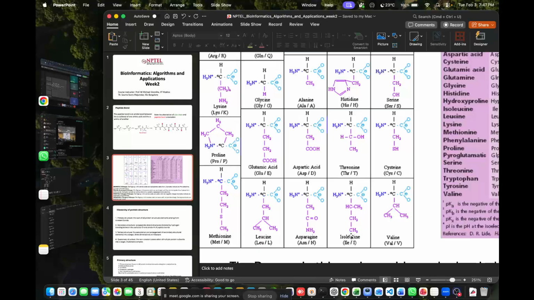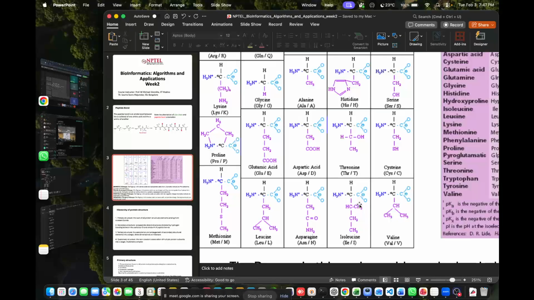Any compound that has this long set of hydrocarbon chain is hydrophobic in nature because these are just carbon hydrogen bonds, they are not polar in nature, right? They're very stable bonds. So in simple words, these are hydrophobic because they have these long carbon hydrogen bonds, a lot of them possible.